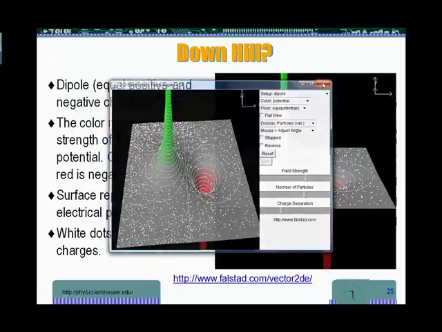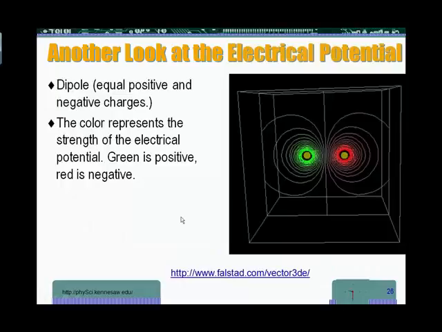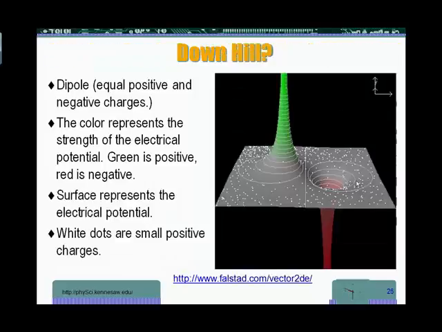Okay, let me stop this one. Now the other look is this one here. So it's the same two charges, again an electrical dipole. We're not going to see the three-dimensional relief, but we are going to look at it in 3 dimensions. Now, it sounds a little contradictory, but here these surfaces are just a way to visualize what's happening.